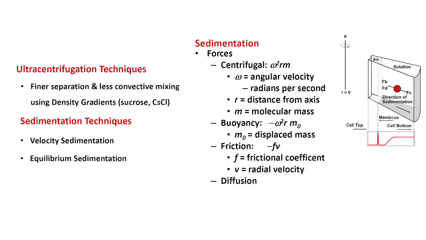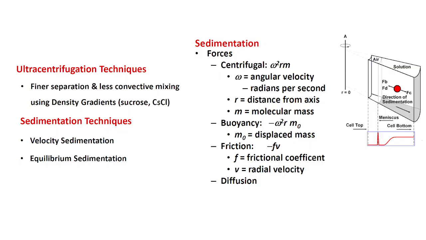I'm not going into all of that. Ultracentrifugation techniques lead to finer separation and less convective mixing using density gradients. You can use sucrose, you can use cesium chloride. There are sedimentation techniques like velocity sedimentation and equilibrium sedimentation. So what is sedimentation?